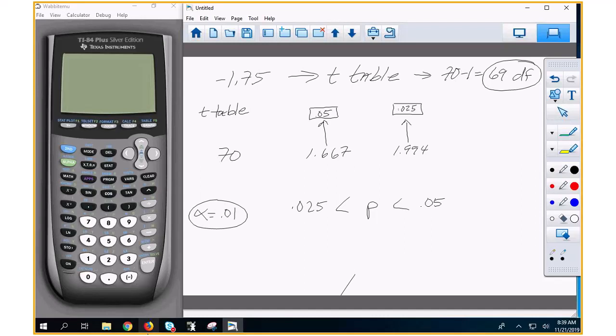If the p-value is low, the null must go. And what does it mean must go? That means reject. If the p-value is high, the null must fly, meaning that it's good.